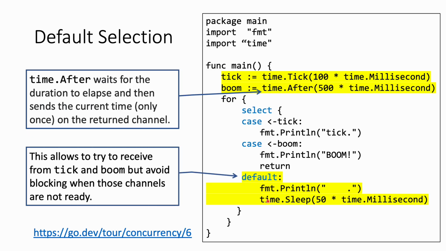The default case here allows the main Go routine to try to receive from tick and boom, but avoid blocking when those channels are not ready. So it will display the dot at every 50 millisecond marker when the tick and boom channels are not ready.